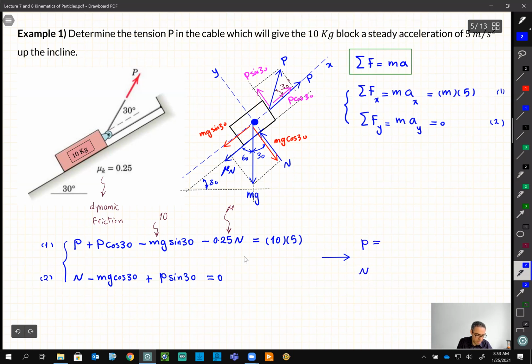We will find P and N. And the question asks to find P. We check our units and everything seems to be okay. M is in kilogram. Forces is in Newton, friction good, and the acceleration 5 meter per second squared.